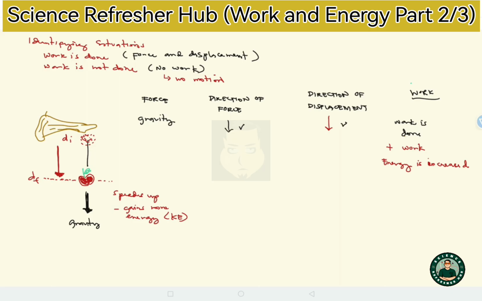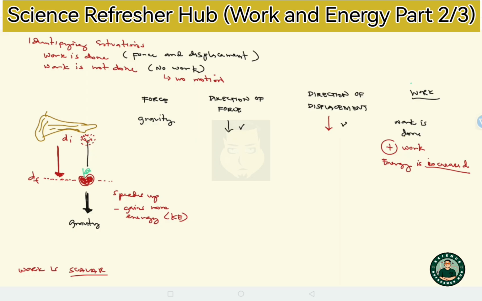So energy is increased when you will have positive work. Positive here is not direction. Remember, work is scalar. So no direction, just value. So the plus sign here, it's not about going upward or rightward. The positive work means energy is increased, or there is an additional energy in the system.